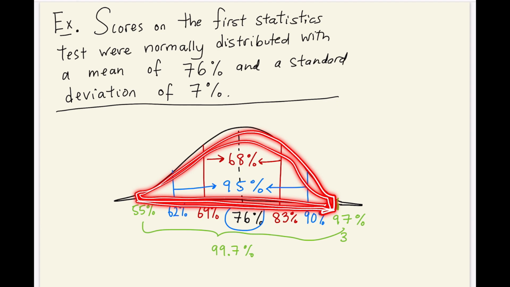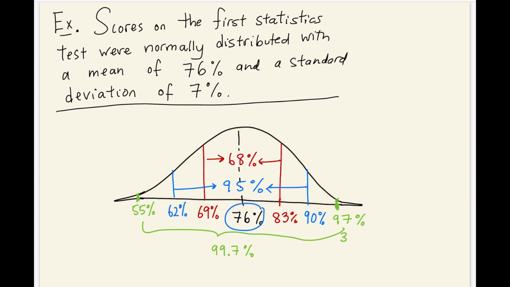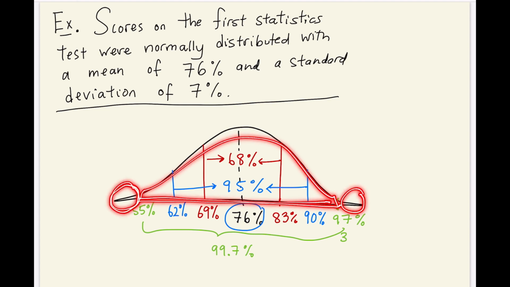This takes care of 99.7% of the data values. So I at least know 99.7% of the data values lie above 55, but we also have to consider these tails here. So what percent of the data values lie in these tails?